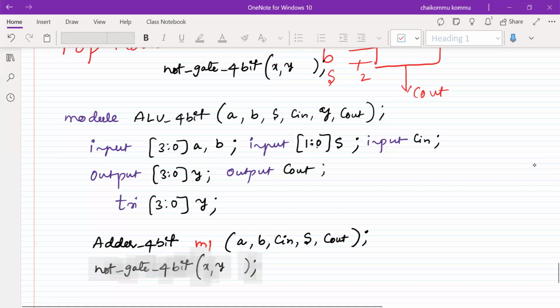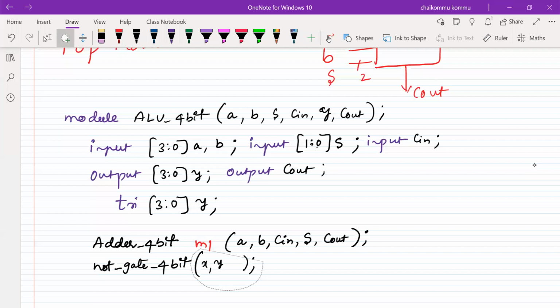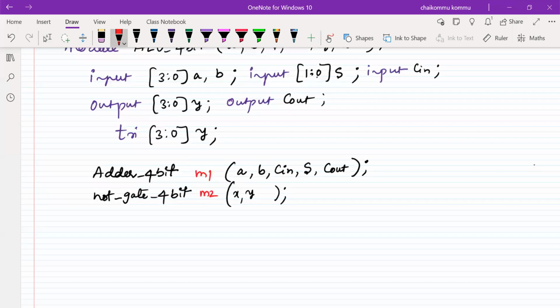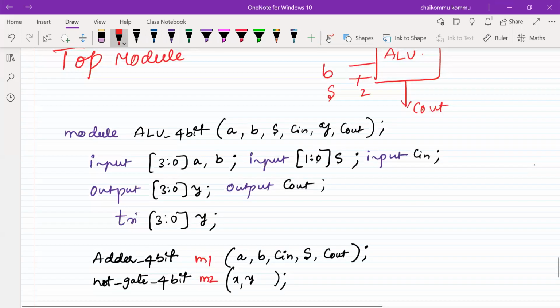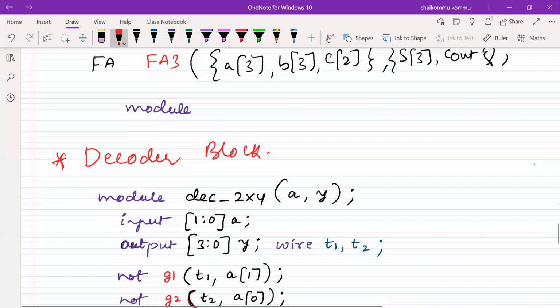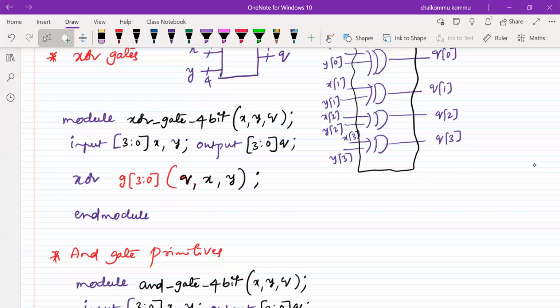So here what we should do is put it aside and write the name of this one as M2, module M2. Next, the XOR operation is required. I am taking the XOR operation again. Within 2 minutes I'll complete it. Please wait.